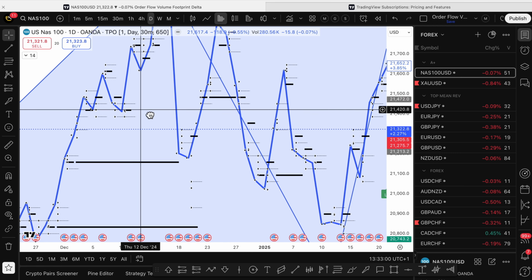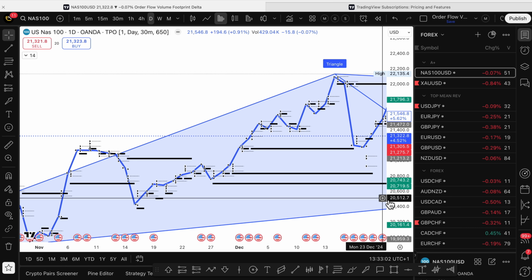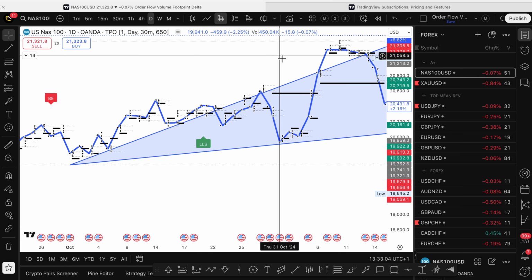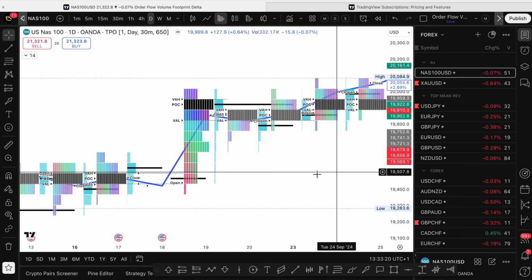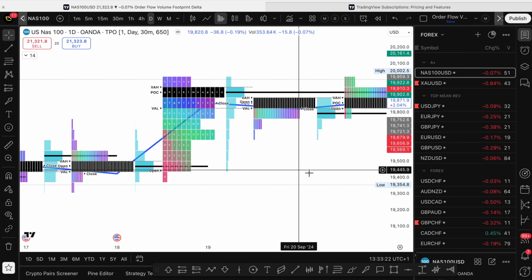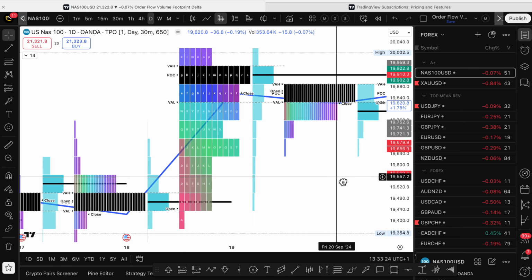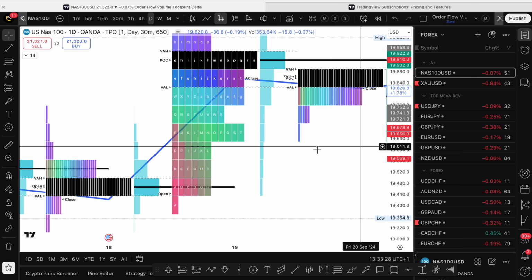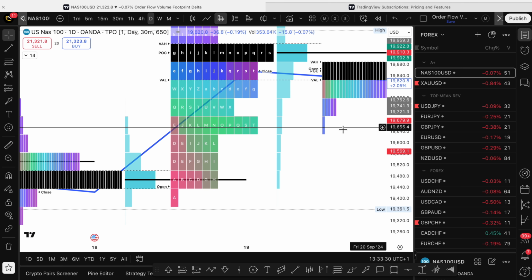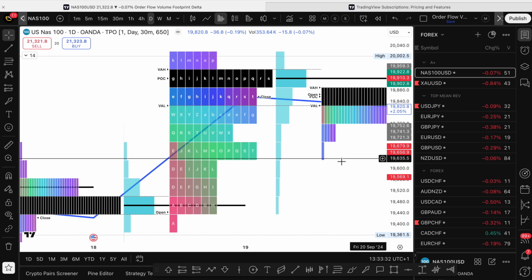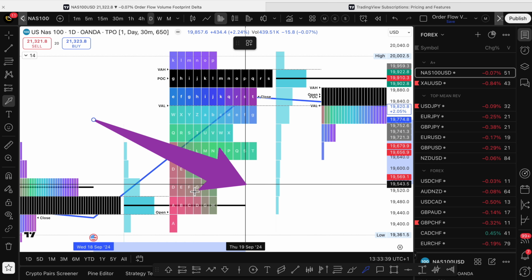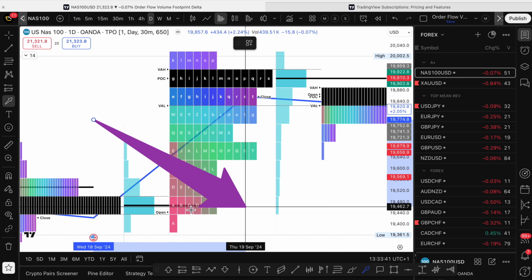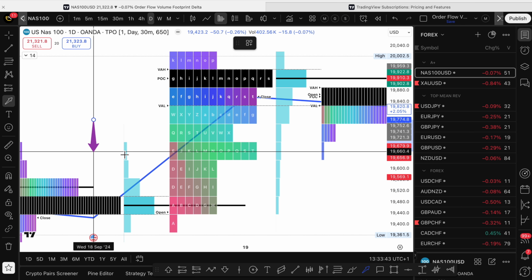It takes a few seconds just to process everything onto your charts. What the TPO is going to do is, this full candle is a day here, okay? And if you imagine the alphabet, the first 30 minutes of the day is A. The second 30 minutes of the day is B. The next 30 minutes is C, and so on.